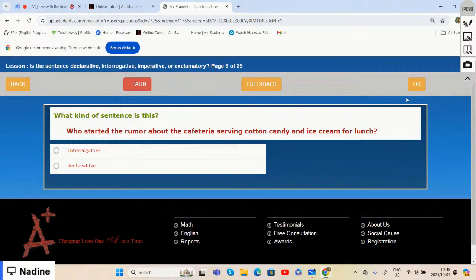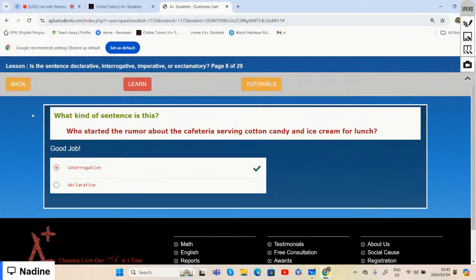All right. And if we would choose the correct option, it ends with a question mark, and then we can say this is an interrogative sentence because it's a question that is being asked.